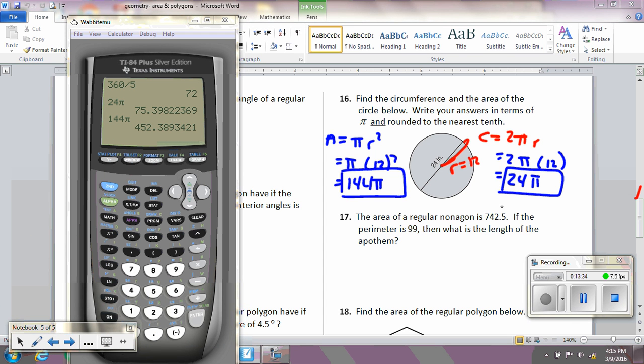So to the nearest tenth, the circumference is approximately 75.4. And the units are inches. For the area, it's approximately 452.4 inches squared.